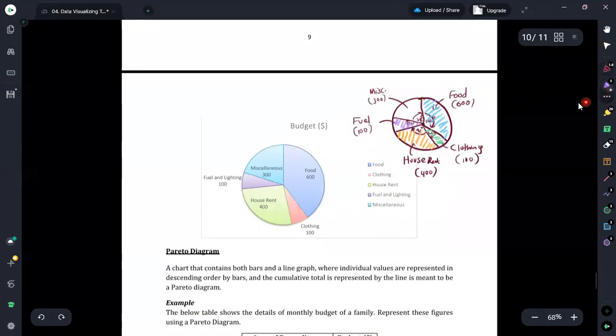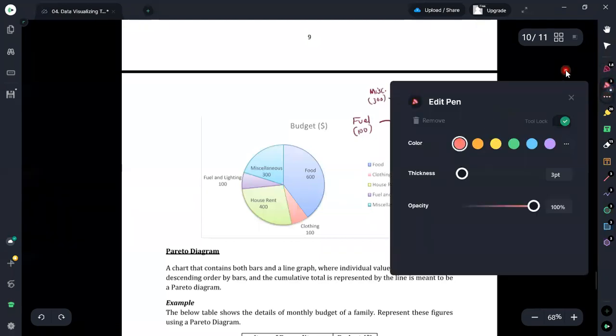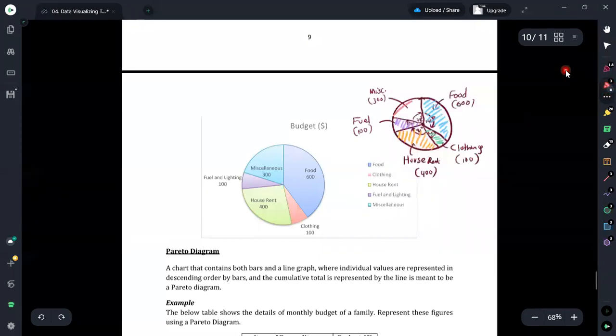Then we have to color this part as well. Therefore, in this way, we can easily obtain the pie chart. Now we can have a much more idea regarding the proportion that we have explained for each category.